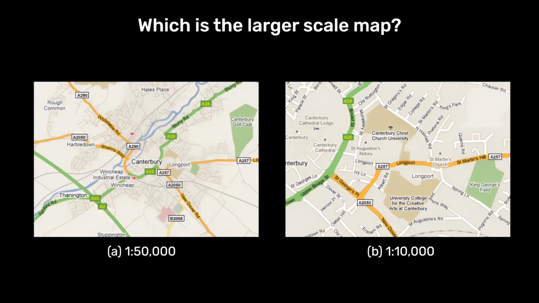So if you compare the two areas shown here, you've got Canterbury and the surroundings on the left-hand side, whereas we've only got part of Canterbury on the right-hand side, and yet they're both occupying exactly the same space on the screen. So bear in mind, if we're dealing with a larger scale, more detail, small area. And that's one of the key things perhaps to remember.